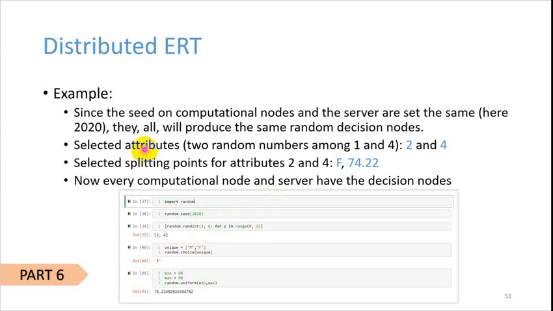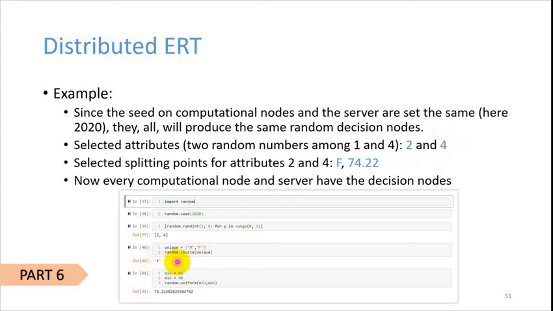For instance, for each of the options we want one attribute among the 4 available attributes. Here, the attributes came out to be attribute 2 and attribute 4. And then we need a splitting point for each of these attributes.